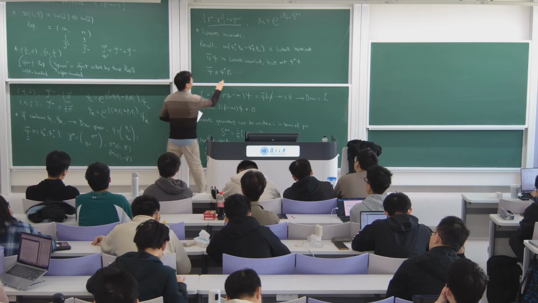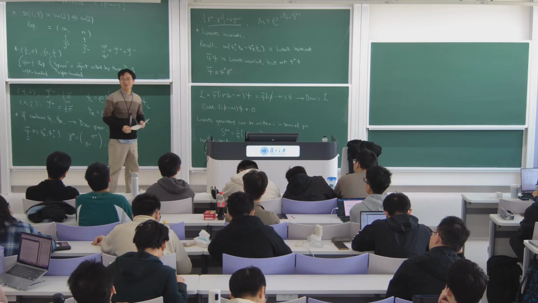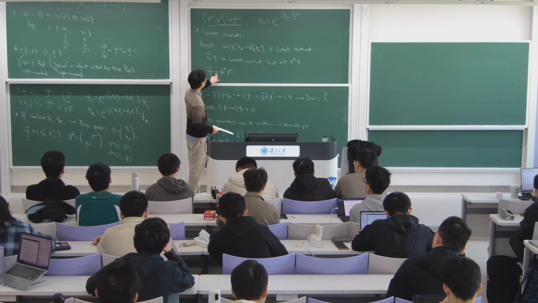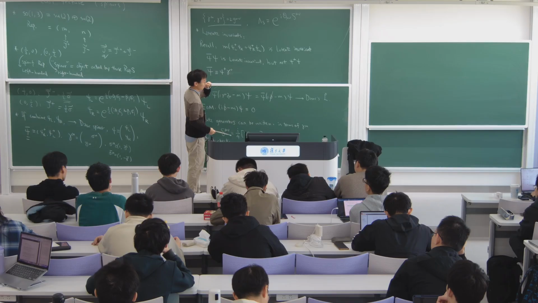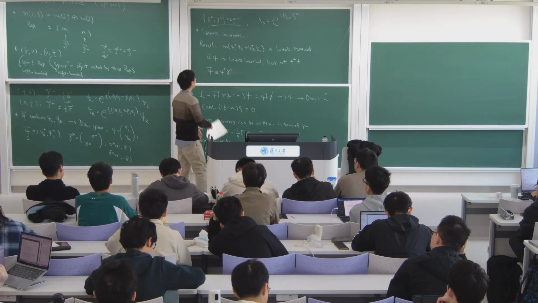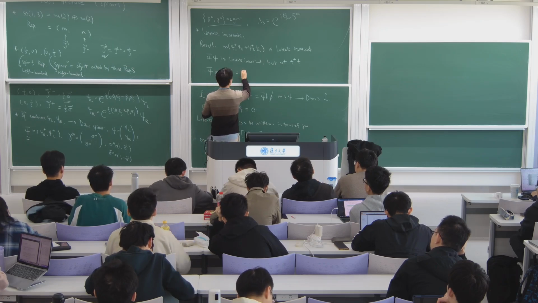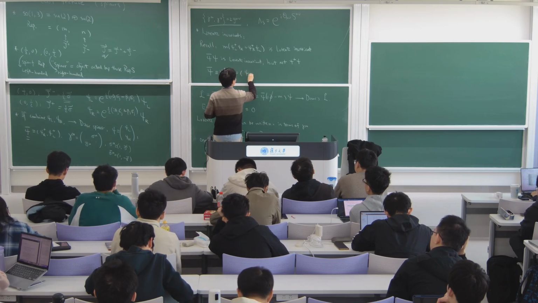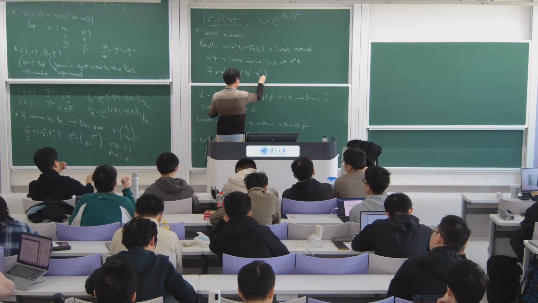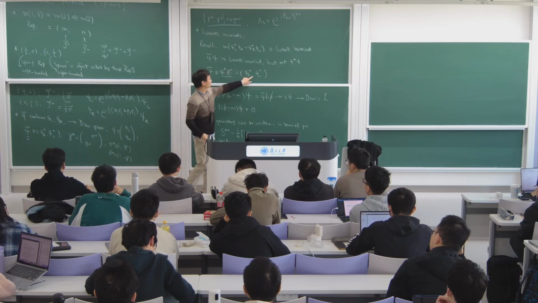So psi bar is defined in terms of 4 spinors as psi dagger times gamma 0, because it's not psi dagger itself. You can check that only in this way is it consistent with that definition, because gamma 0 does the job of exchanging these two.